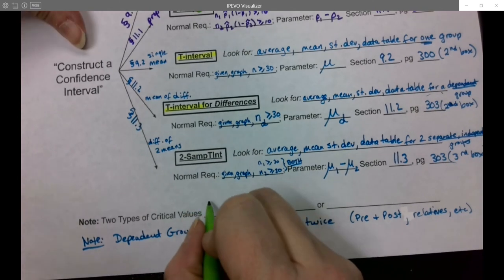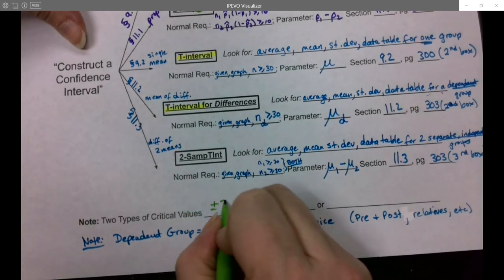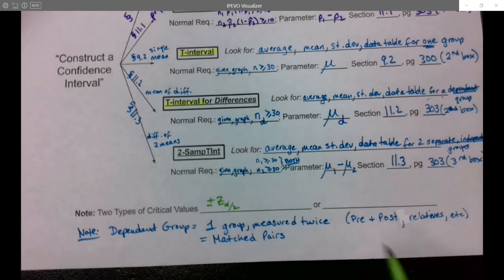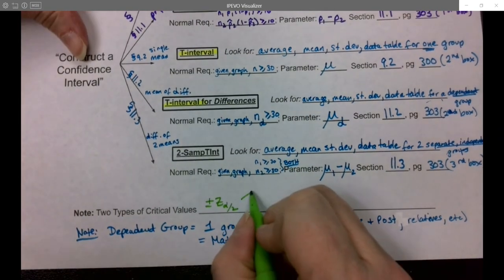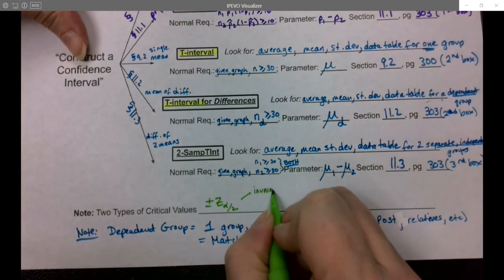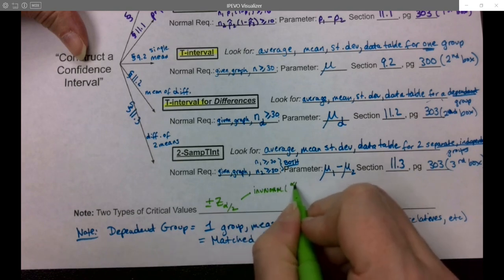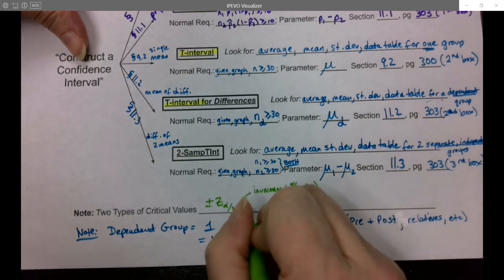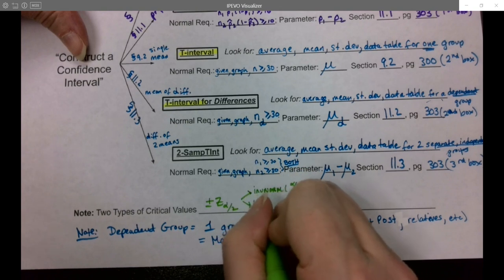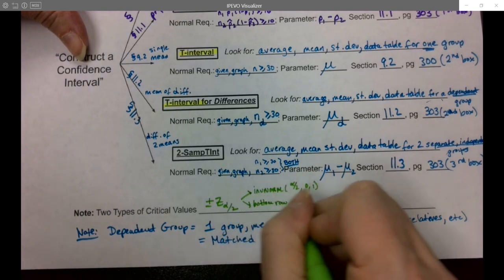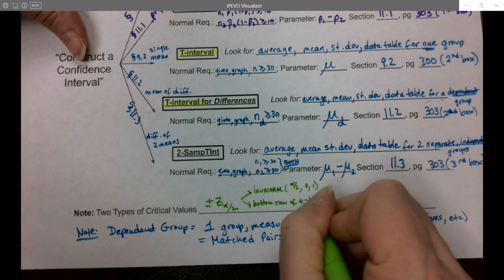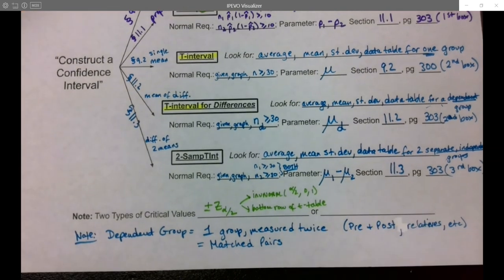So for the proportion ones, it's plus or minus z alpha over 2, which of course you find with either inverse norm alpha over 2, comma 0, comma 1, or you find with the bottom row of the t-table. So those are the z ones.